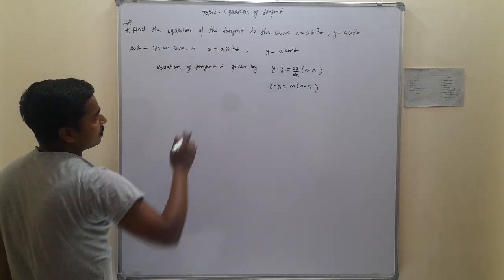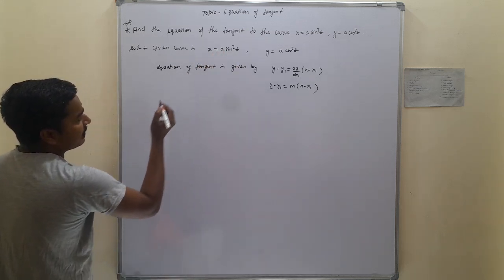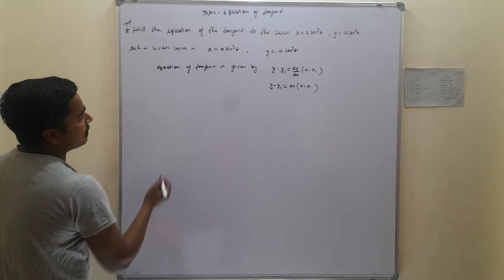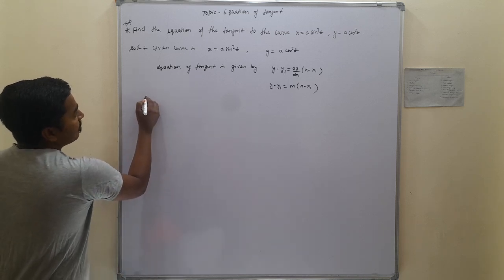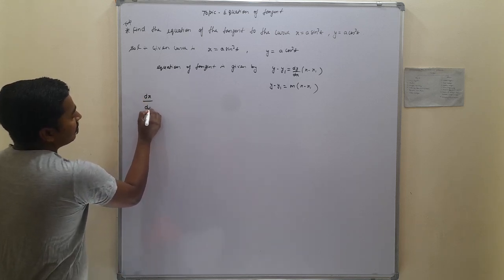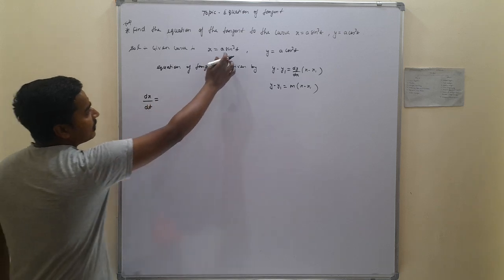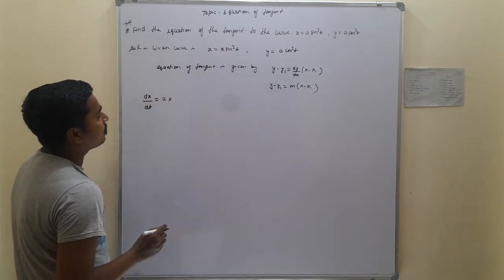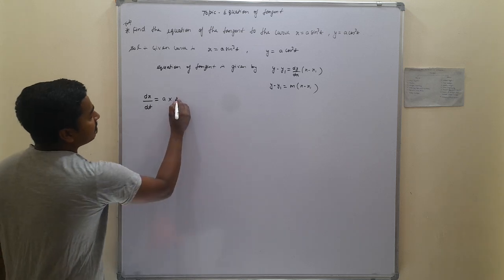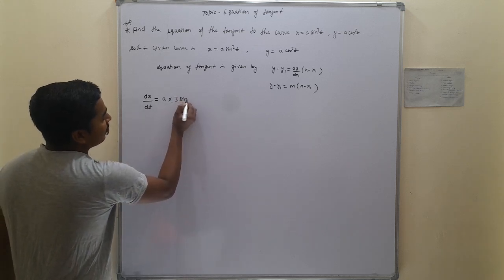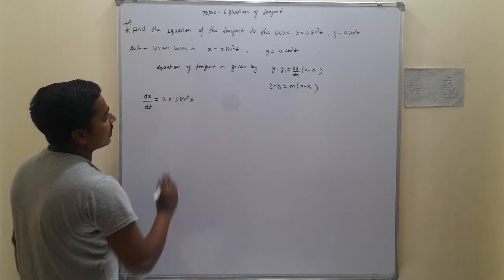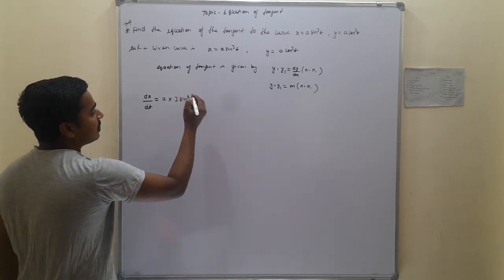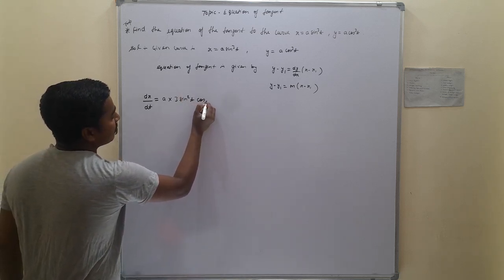First, x equals a sin cube t. Differentiating with respect to t, we get dx upon dt equals a, which is constant, times 3 sin square t, and again sin t differentiated with respect to t gives cos t.